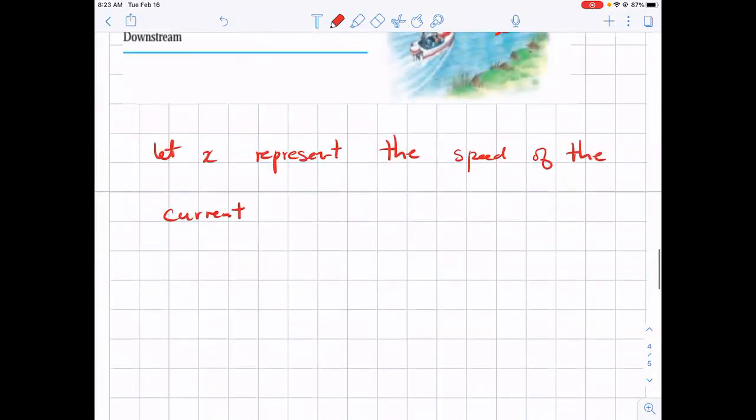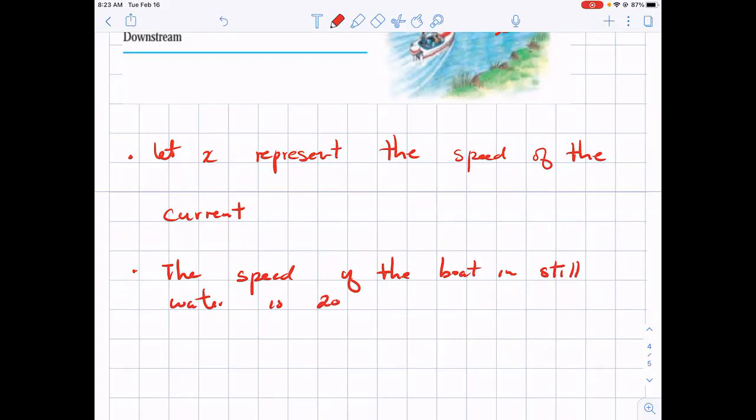So we can write that down. The speed of the boat in still water is 20 miles per hour, mph.